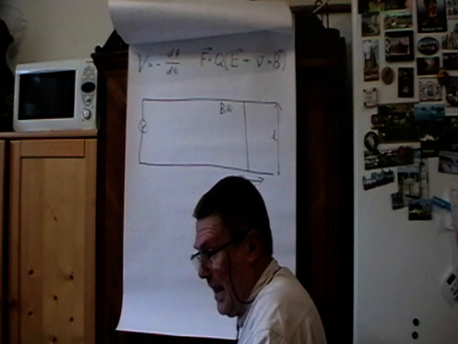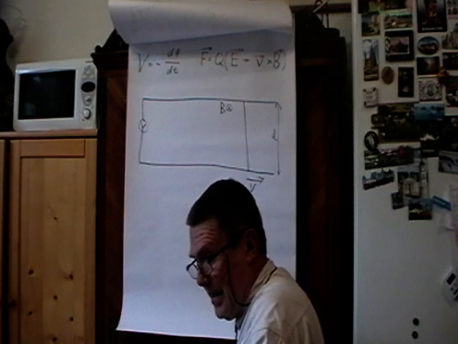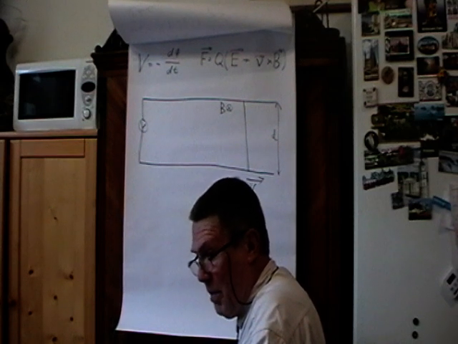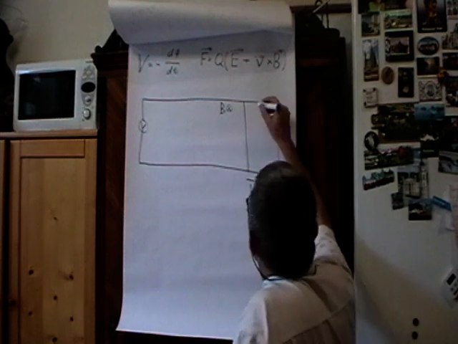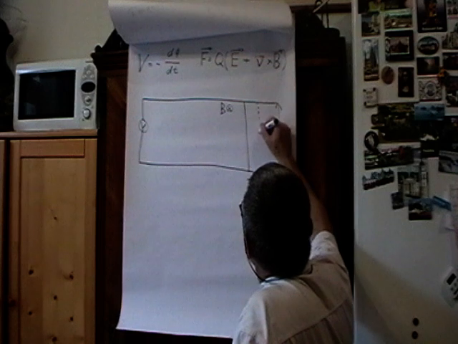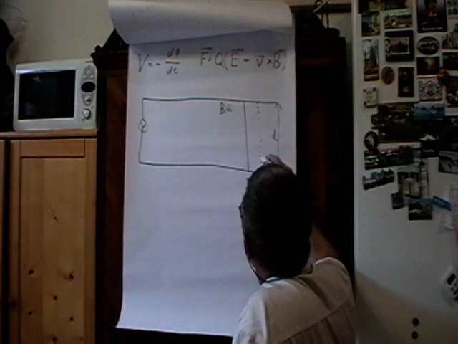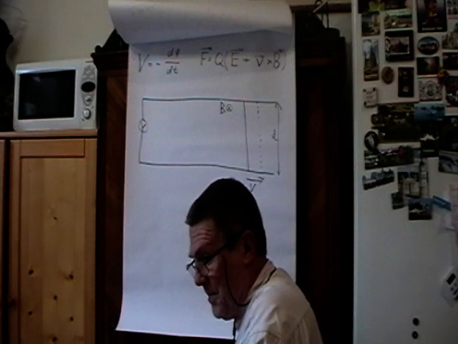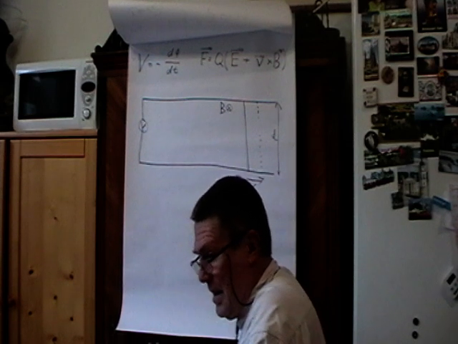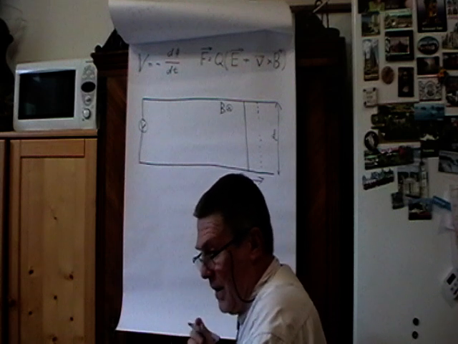Moving with a speed v means that in 1 second you move by v meters in the direction of movement. So we can say, okay, in 1 second the stick would happen to move from here to here, which is just the velocity v. What happens now with the voltage?